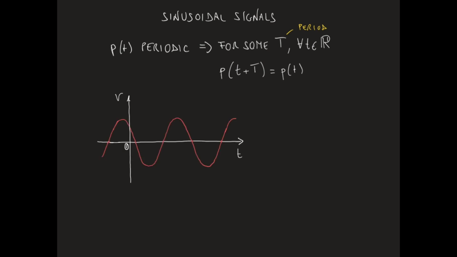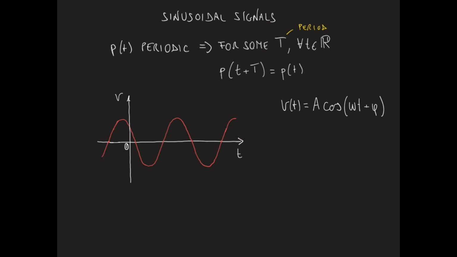A sinusoidal signal V of t typically takes the form V of t equal to A the cosine of omega t plus phi.